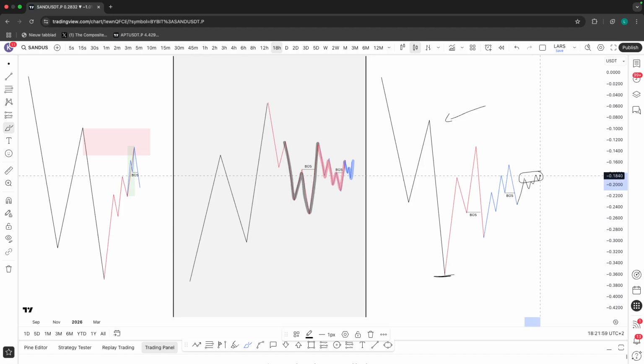right? And we get that distribution model, then if we break that range low right there, that confirms the rotation. If we get that breaker structure, then that confirms the rotation back down to this low. And if that comes and breaks that low, it confirms rotation back down to that low. And then the high time frame order flow objective is in play, right?